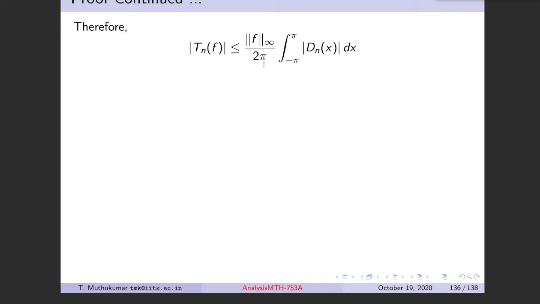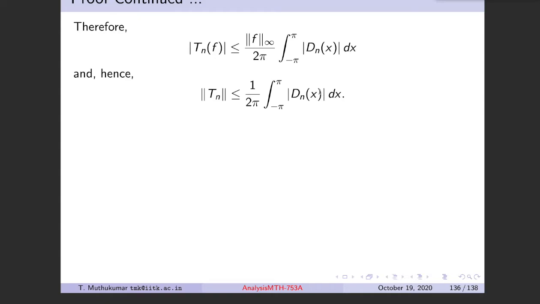What we want is the norm of Tn. The norm of Tn is the supremum over all non-zero f in the space of mod Tn f divided by the norm of f. From here we say that mod Tn f is less than or equal to 1 over 2 pi times the L1 norm of Dn times the norm infinity of f. Taking the supremum over all f will still be less than or equal to this, so we have this inequality.